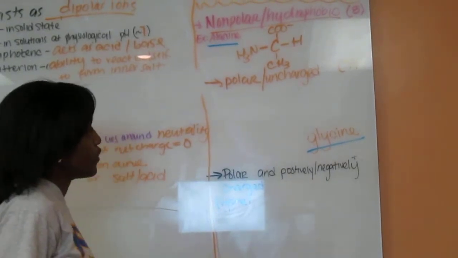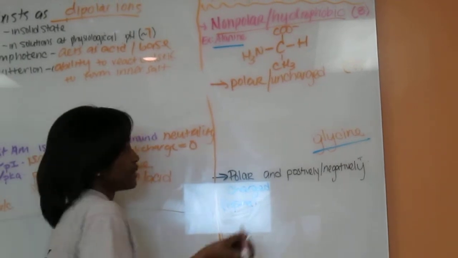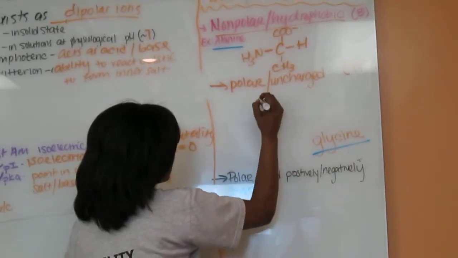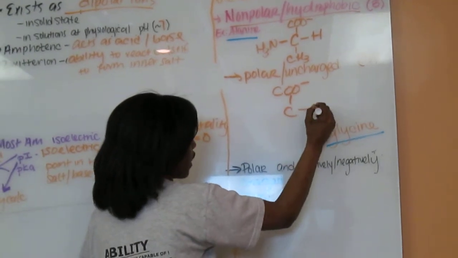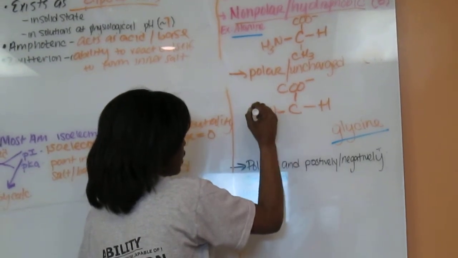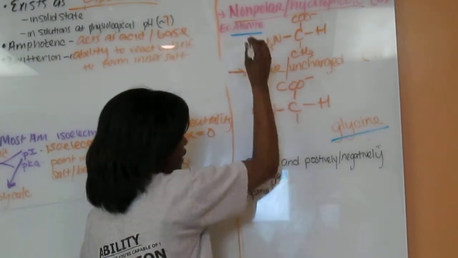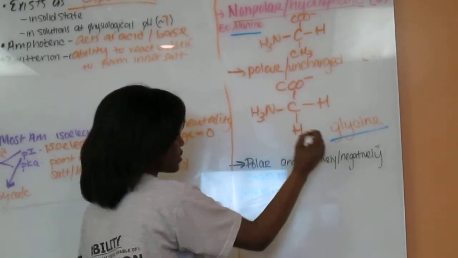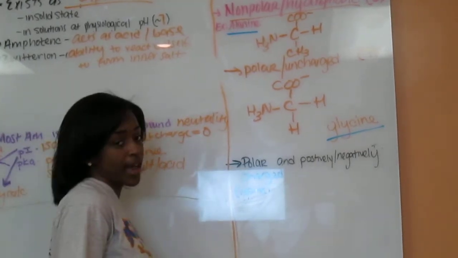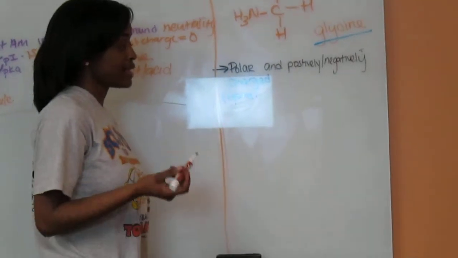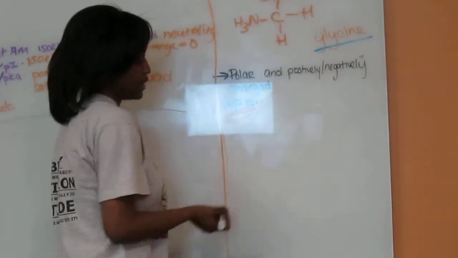Another example of a polar or uncharged, which is the next class, would be glycine. Glycine is COO minus, C, H, NH3. And instead of the CH3 like we have in alanine, we have just an H. The third category is polar and positively or negatively charged. An example of that would be lysine.